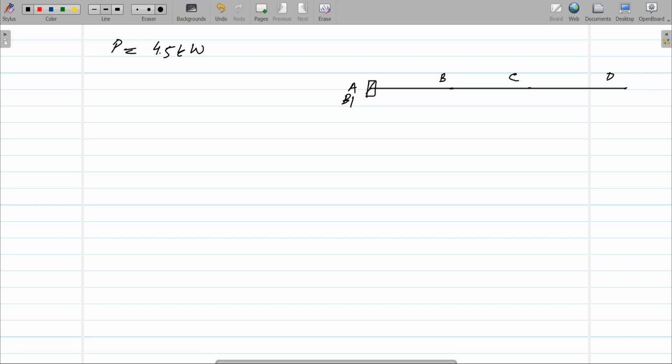So we have a bearing here. A bearing can be represented symbolically as this. B2 contains the pulley, so we have to draw the pulley here. So this is your pulley, and you have a belt at a certain angle, and this angle is defined as 60 degree in the problem.